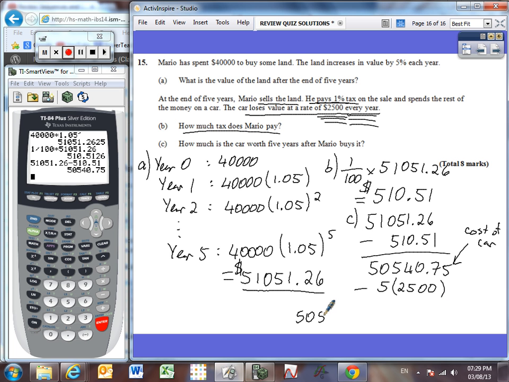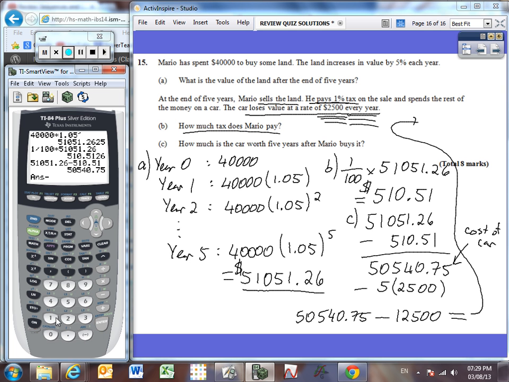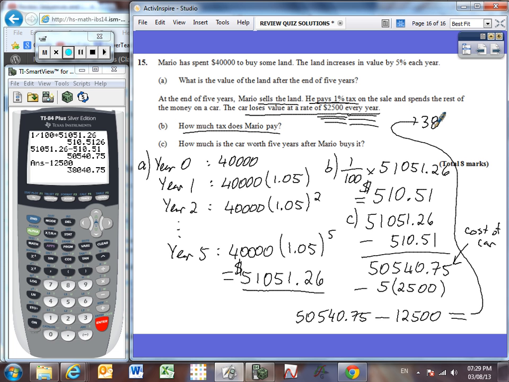So the 50,540.75 is losing 5 times 2,500, that's 12,500, and that gives you a final answer of 38,040.75. And the value of the car is now 38,040.75.